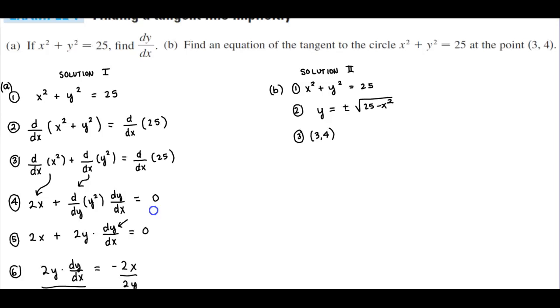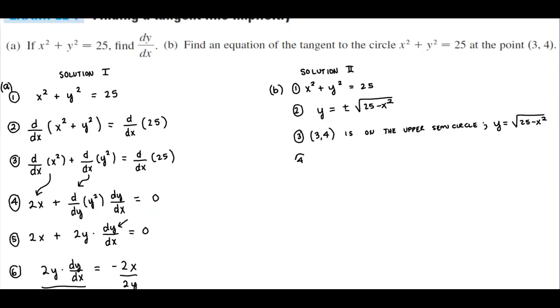Well, that means this point is on the upper semicircle, and if that's the case, then we consider the positive version. So y is equal to the square root of 25 minus x squared.